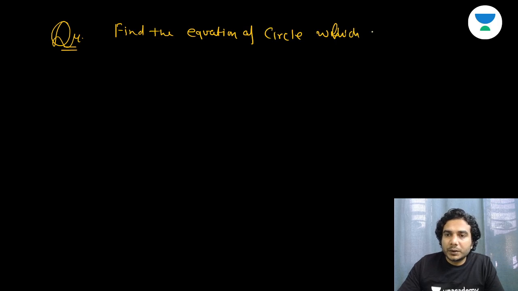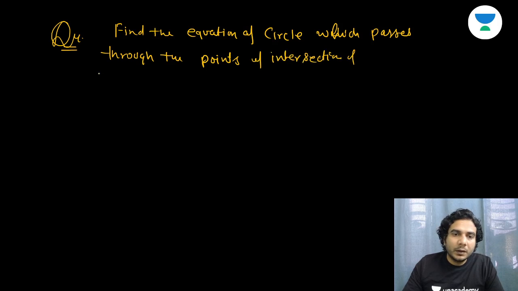Find the equation of circle which passes through the points of intersection of x square plus y square is equal to 9 and x plus y is equal to 2.